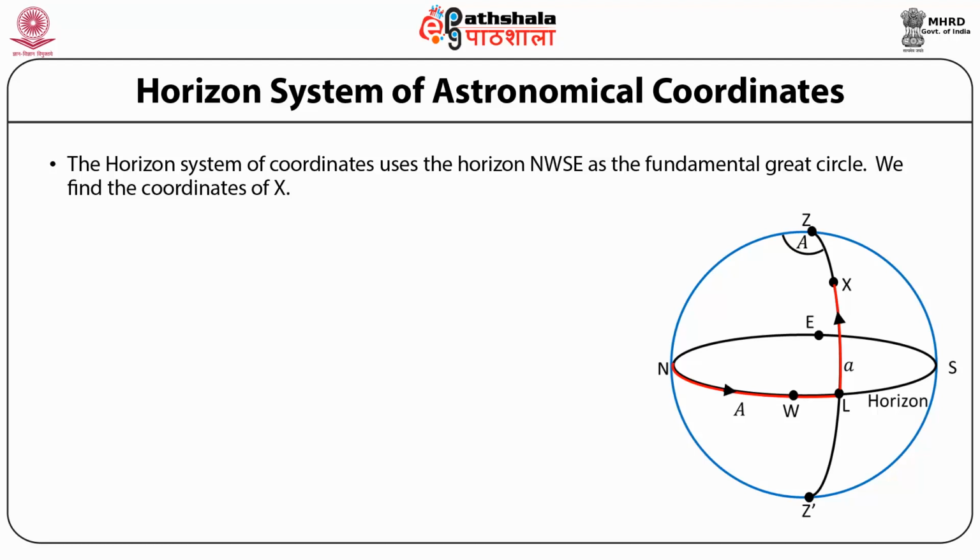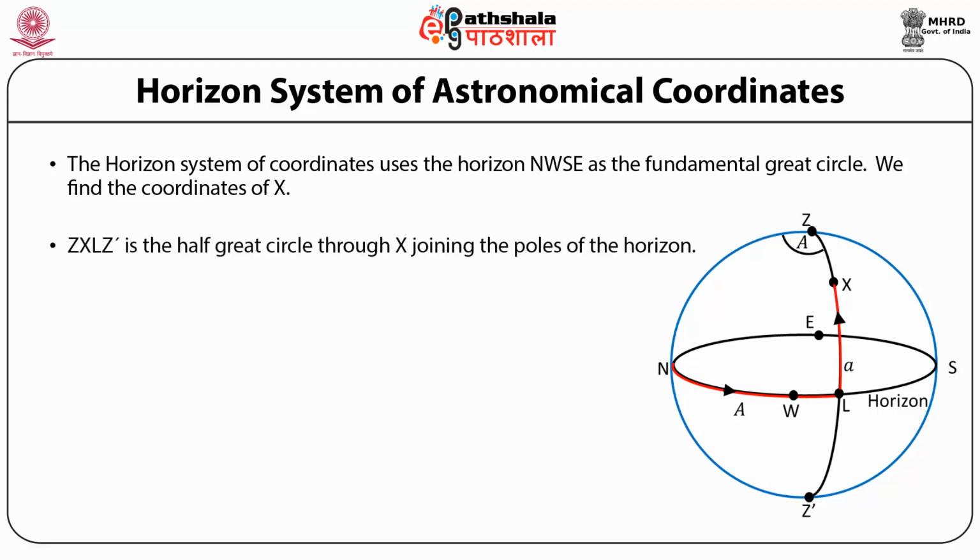To find the position of X, we draw a half great circle from zenith to nadir crossing through the celestial object X. The arc XL is the altitude of the star. We know that zenith and nadir, which are the poles of the horizon, are perpendicular to the horizon.